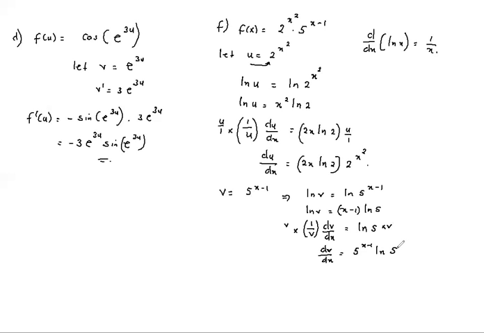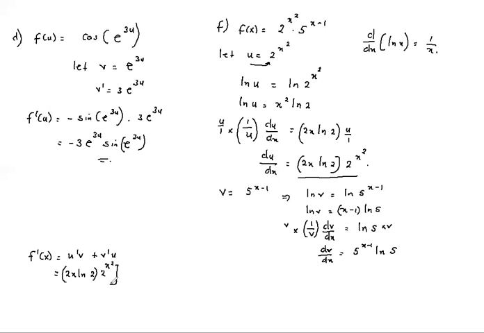So now this was product rule, so we put things together. We're saying f prime of x is going to be u prime v plus v prime u. But what is u prime? u prime is what we have here. So that is 2x ln 2 times 2 to the power x squared.